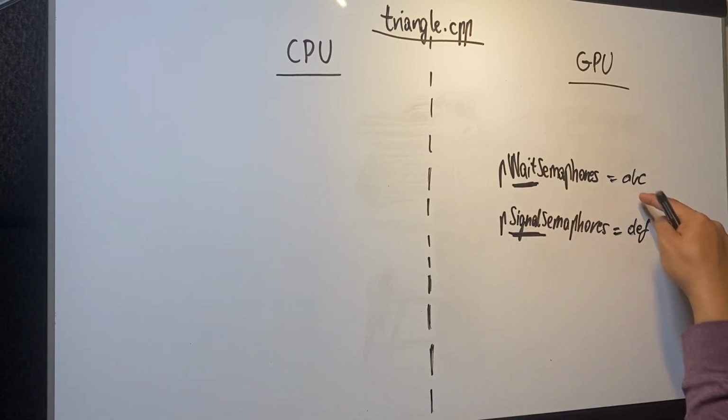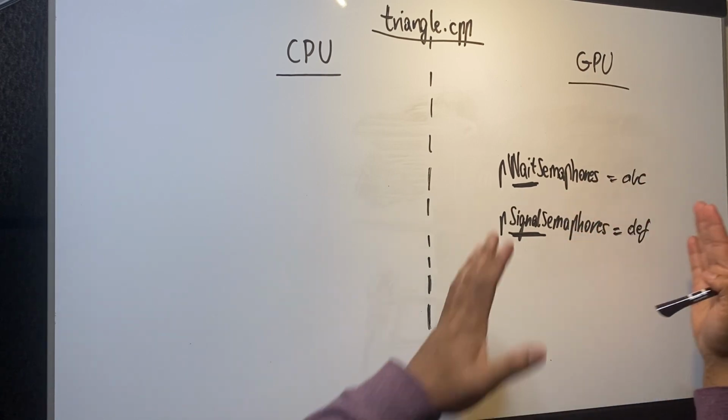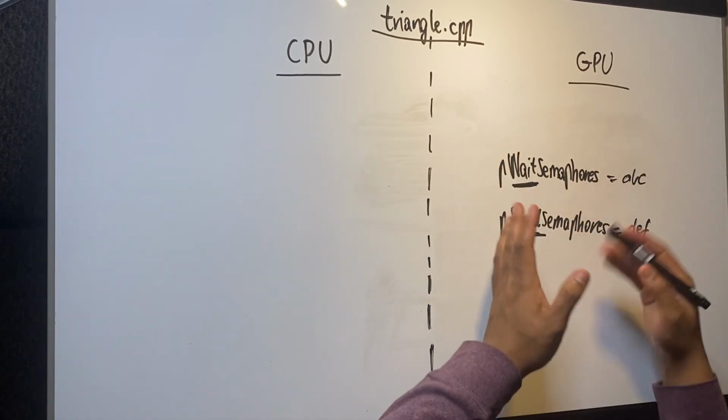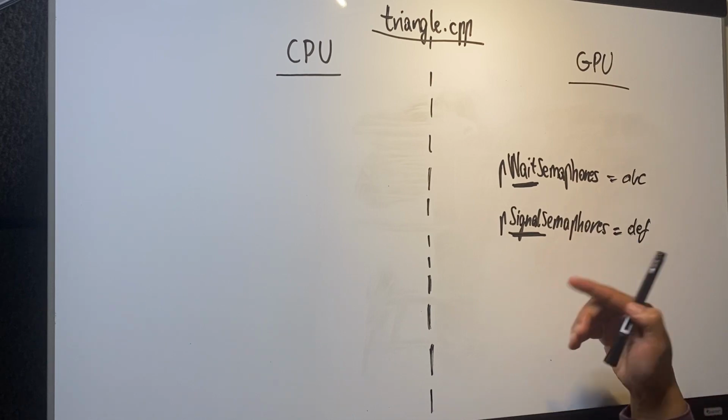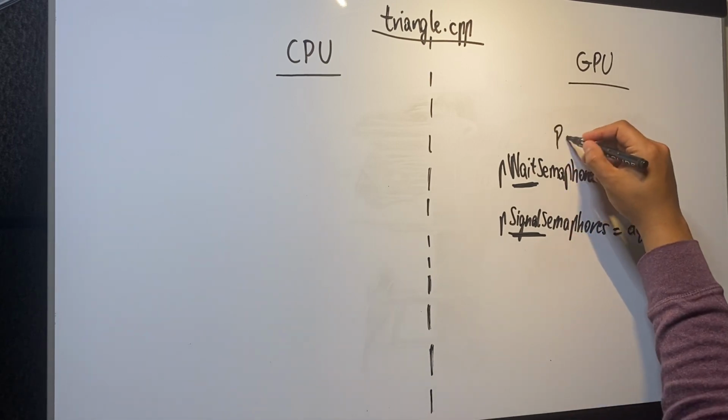So these wait and signal things. Process 2 is still going to have a wait and signal also. Let's say this is process 1.